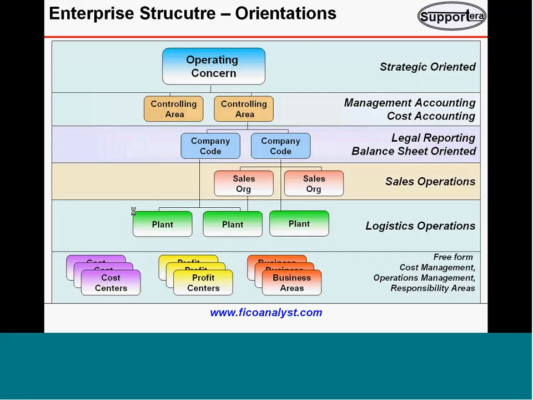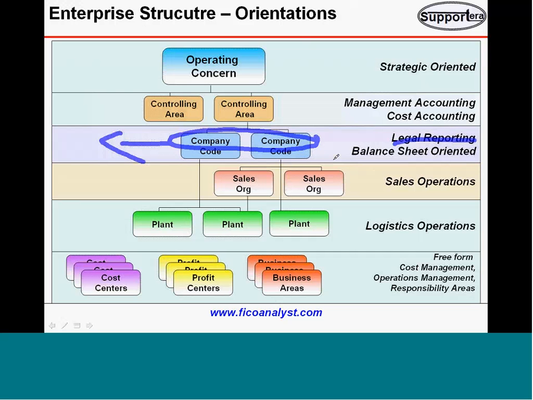Okay, so let us look at the one which we always know, the company code. When you create a company code, what you are expected to do is make all the financial postings, which means legal reporting. This is obligatory for a company in order to present their balance sheet.